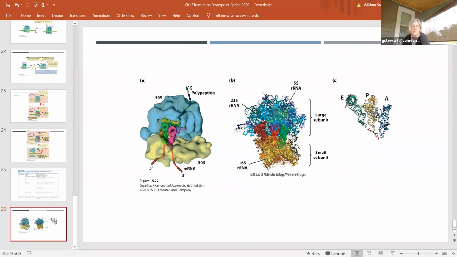You can see the polypeptide chain growing off the top, and you can see how the message lays in the small subunit of the ribosome. About 9 bases, or 3 codons, are available on the small subunit of the ribosome at a time, aligning with the E site, the P site, and the A site.